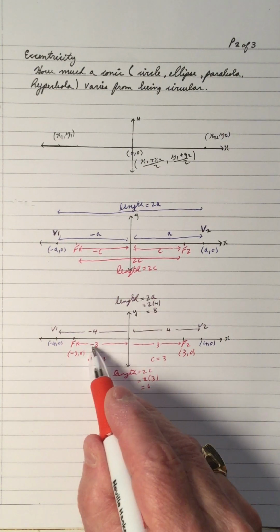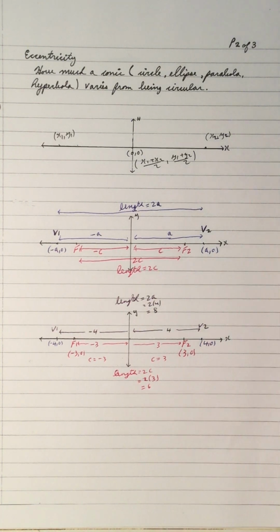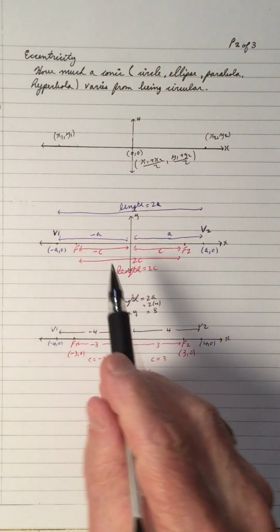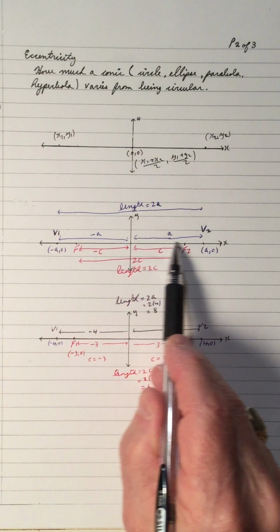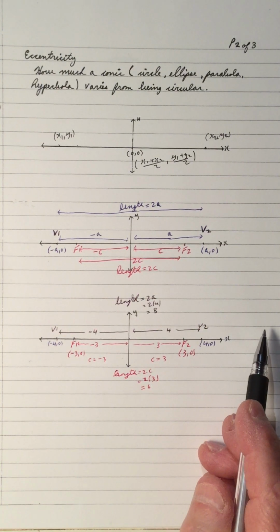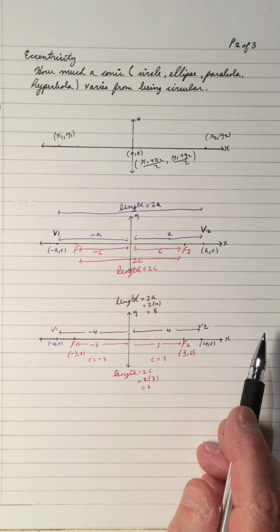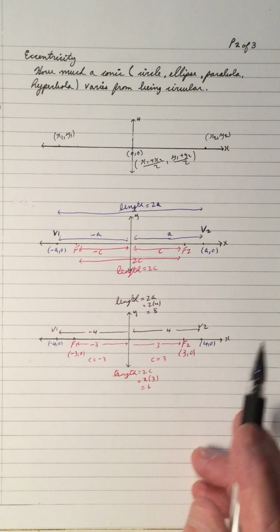So that's a 3, and that distance is 3, so it's a 6 in total. Okay, let's continue. So notice the foci and the vertices are on the same line. That's important when we explain this topic on the conics of ellipse and hyperbola and things like that.